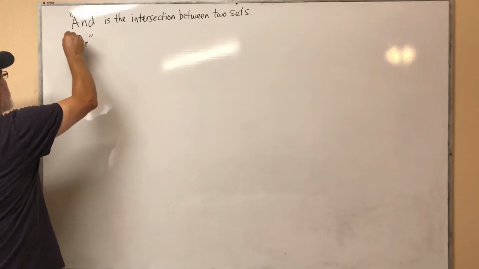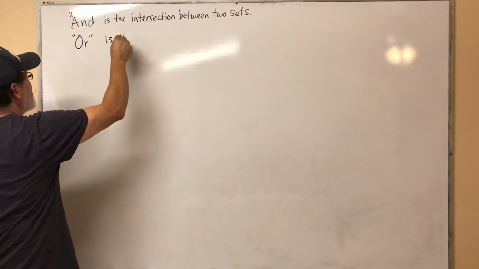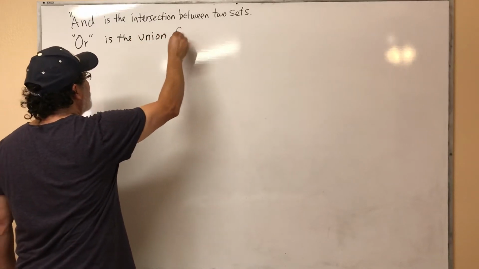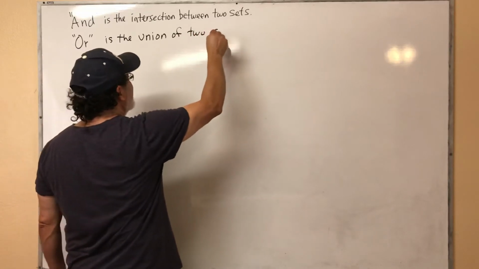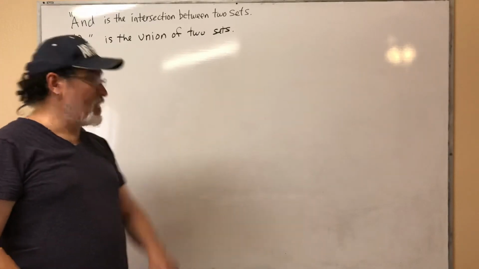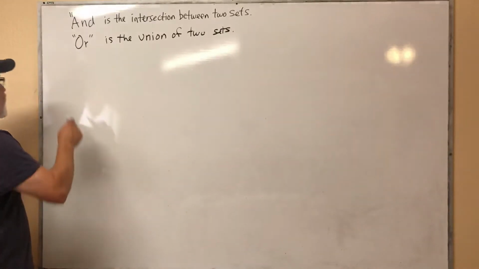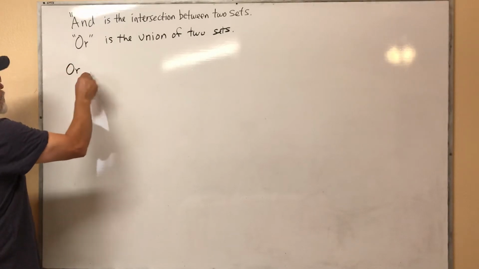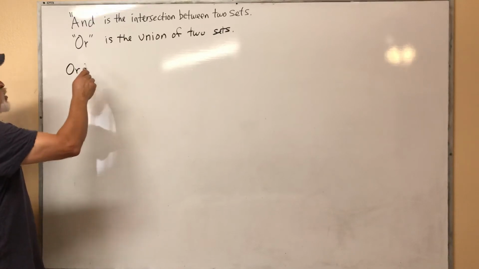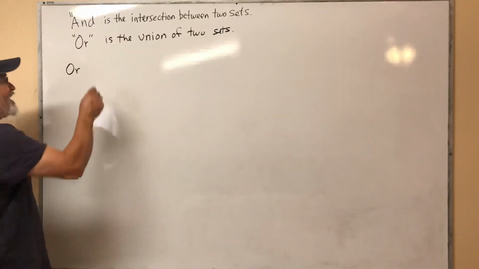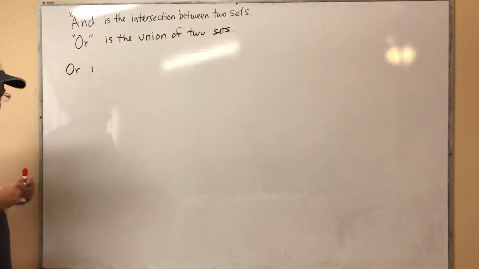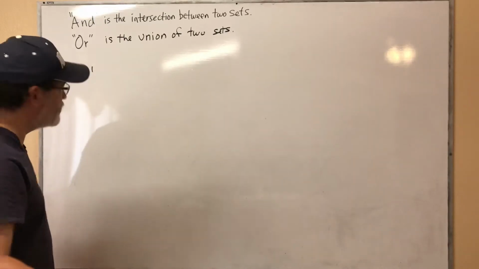Or is the union of two sets. So, by the way, the symbol for or is U. There you go.